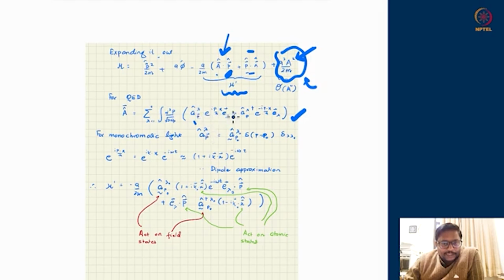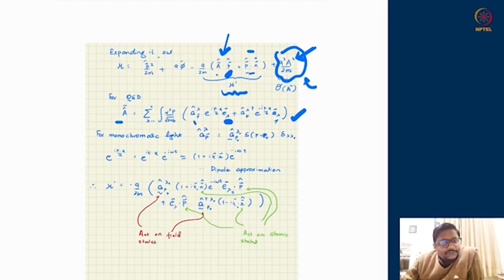A field is a vector field, so there is a basis epsilon lambda which accompanies the field description along. So this would be the full description up to leading order of a quantum particle talking to the electromagnetic field.